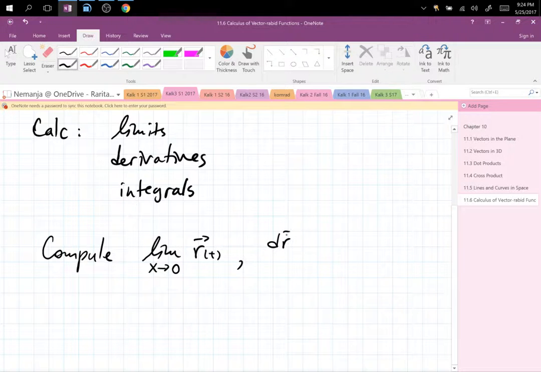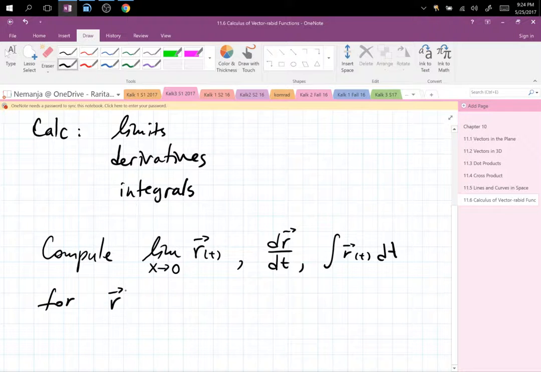Compute the derivative with respect to t and compute the integral dt for r of t given as t squared plus 1, t squared plus 1.